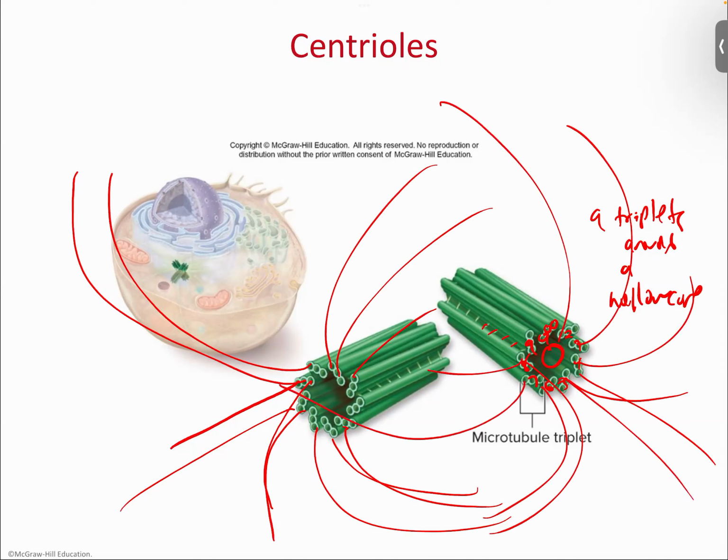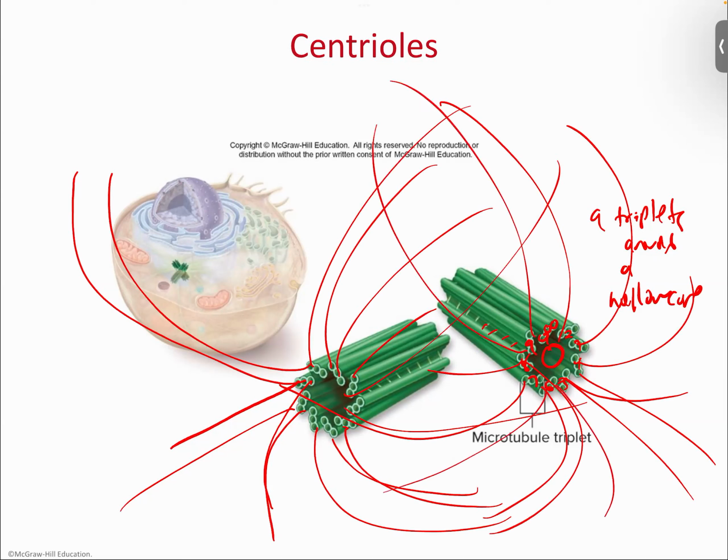So you can see how very quickly I can start to build a microtubule network that crisscrosses the entire cell, goes anywhere I want it to go. That's what your microtubule network looks like. And it's all starting with your centrosome, that nucleation spot. All you have to do is start stacking tubulin on the end and grow out your microtubule.